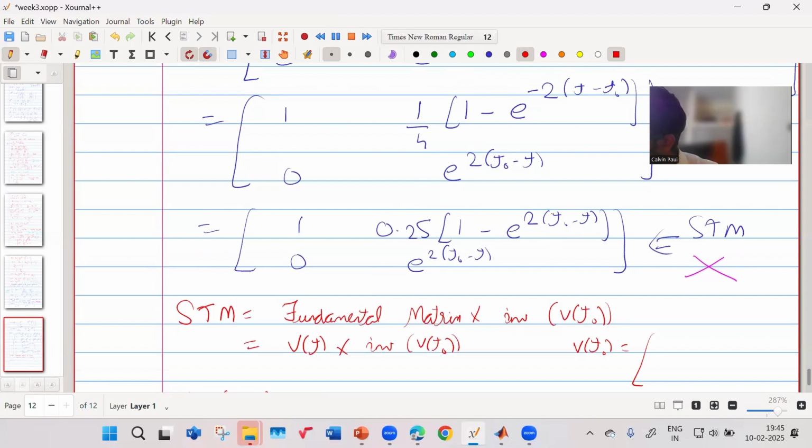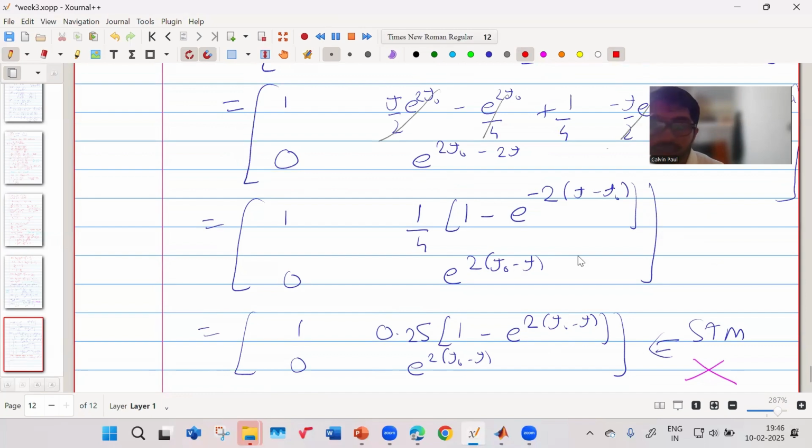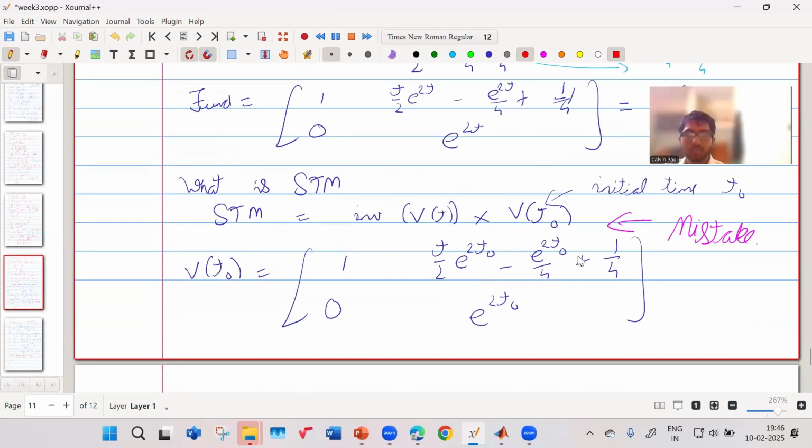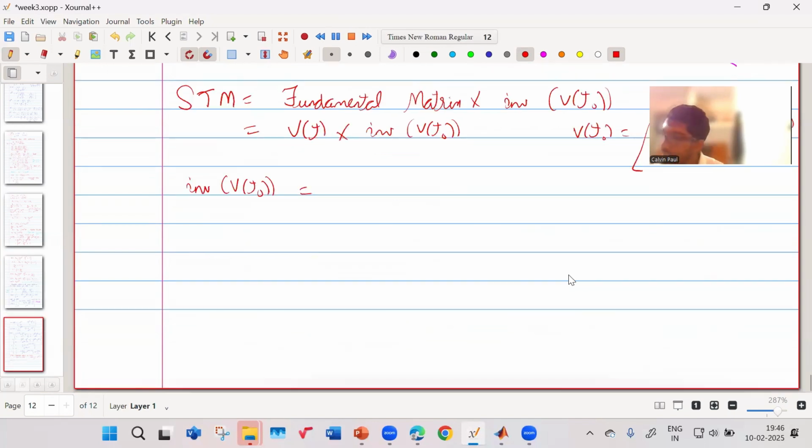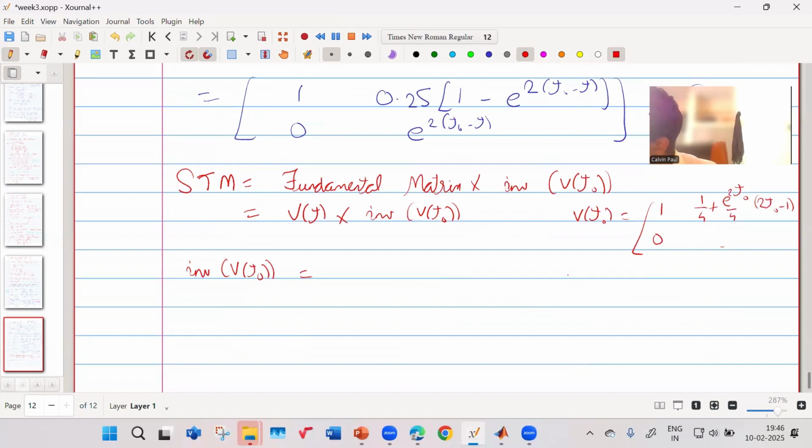So it is 1, 0, 1 by 4 plus e to the power 2t0 upon 4 into (2t0 minus 1). Okay, so this is v of t0. So 1 by 4 plus 1 by 4 into e to the power 2t0 into (2t0 minus 1). And over here it is e to the power 2t0.